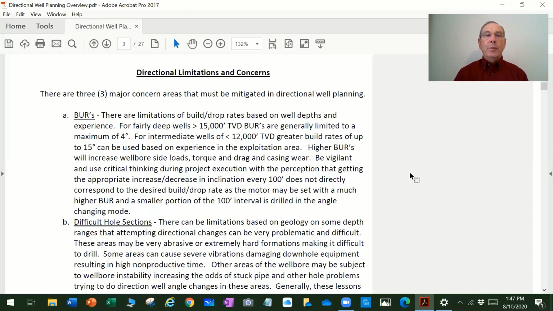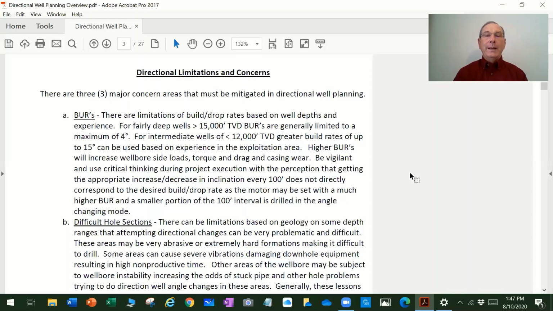Now, just in general, for a well that's, say, greater than 15,000 foot TVD, we generally limit our buildup rates or dog legs or whatever you want to call it to 4 degrees normally. And then for shallower wells, say maybe less than 12,000 foot TVD, we may use build rates of up to 15 degrees, depending on how much of a wellbore you have beyond a dog leg that you created in your well.